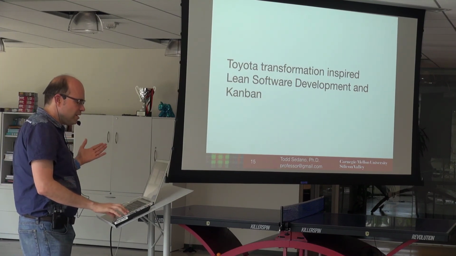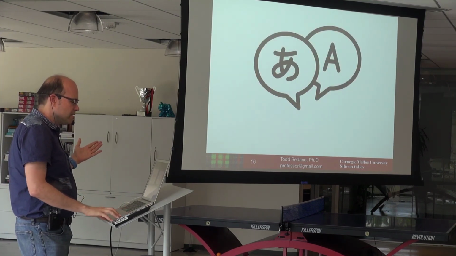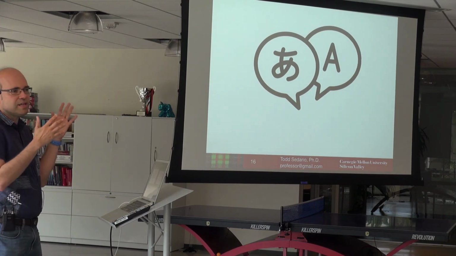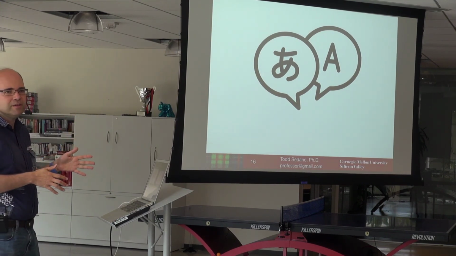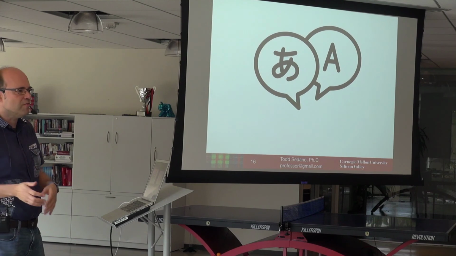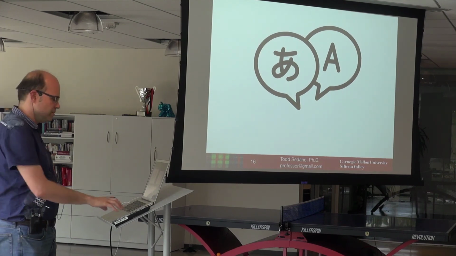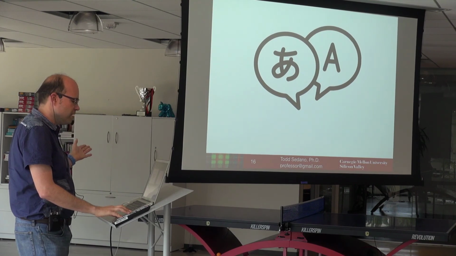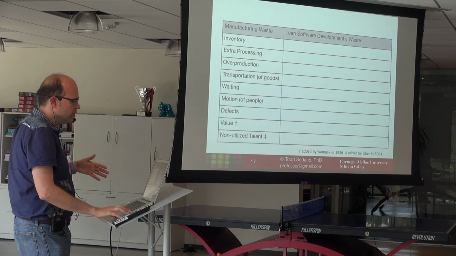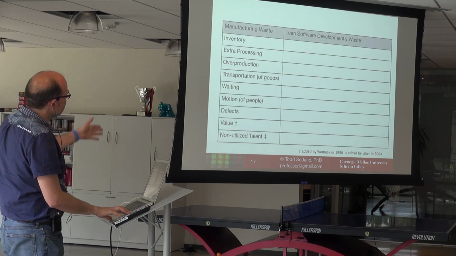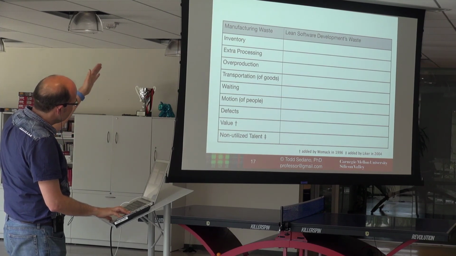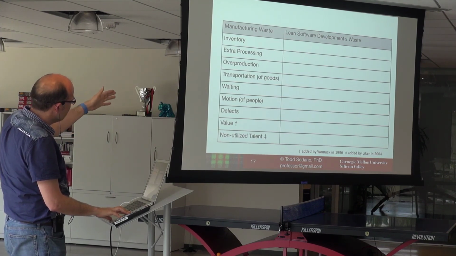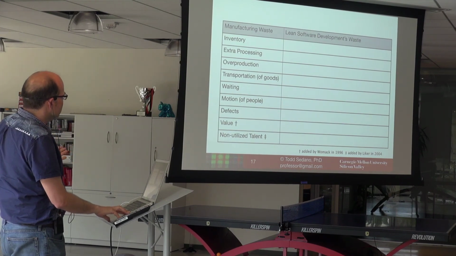Now, looking at the manufacturing waste, Lean decided to say, we have these seven manufacturing wastes. Let's just port them over to the software development environment and look for them as we build software. So they did this top-level translation from the manufacturing domain into the software domain. The seven manufacturing wastes are inventory, extra processing, overproduction, transportation of goods, waiting, motion of people, and defects.